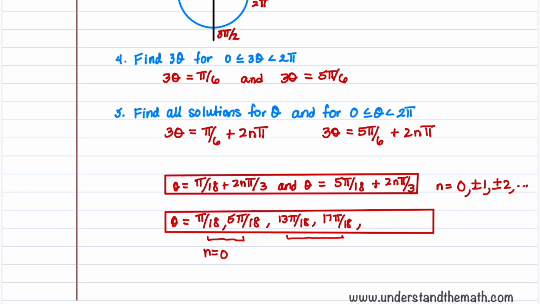We'll mark these as n is 1, so you have to do a little bit of fraction arithmetic there. And then when n is 2, we're going to get 25 pi over 18, and then lastly, 29 pi over 18. And that was for n is equal to 2.